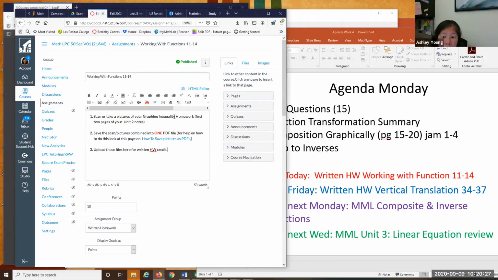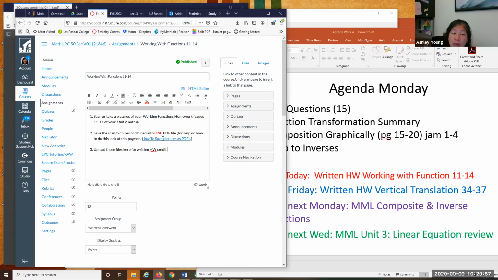So this one is the working with functions homework, which is pages 11 through 14 of your Unit 2 notes. And save them into one PDF file.